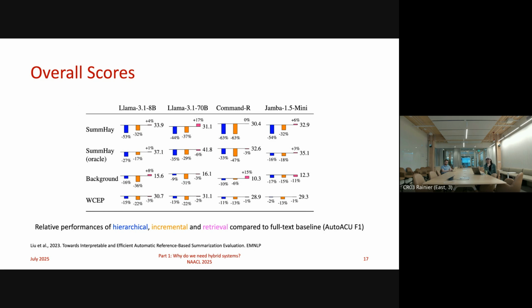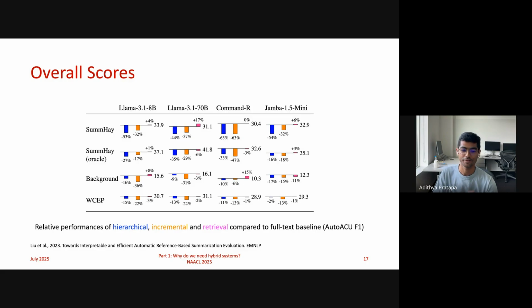You would actually want that type of behavior. Is that what you're saying here? Yes. Okay. So it definitely depends on the actual end task. So that's why we see different performance across summary of a haystack, background, and WCEP. For example, you don't see that much degradation in performance in WCEP with hierarchical and incremental because the answer is super widespread.